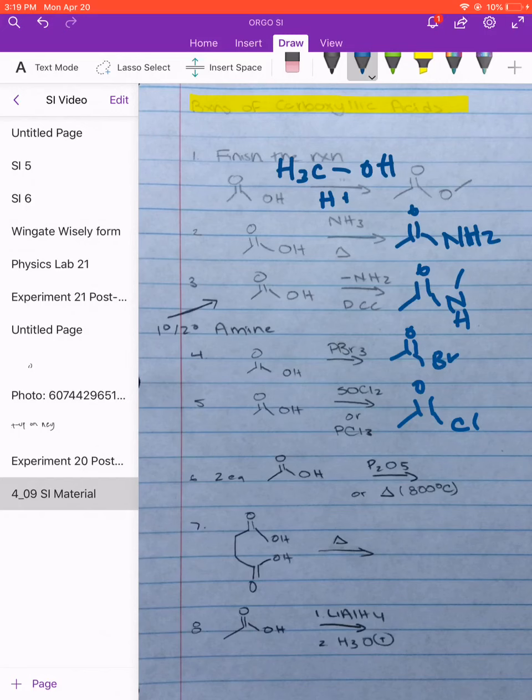So we have 2 equivalents of carboxylic acid, and then we have phosphorus pentoxide, or we have extreme heat, 100 degrees Celsius. So here we can form an anhydride, and just because I'm going to run out of space, I'm not going to draw it, but form an anhydride. Number 7, here we have 2 carboxylic acids in a chain, and if we heat it up, we're going to form also an anhydride.